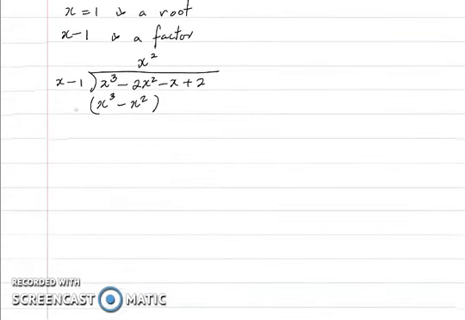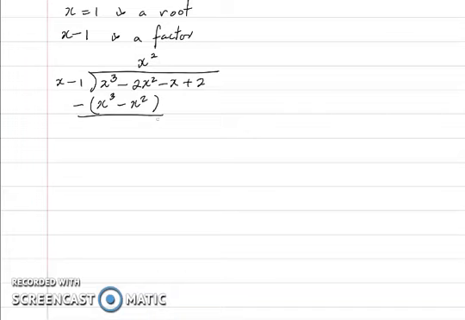Now when we subtract, the x cubed goes, and then you have minus 2x squared minus x squared, which is minus 2x squared plus x squared, which comes out to be minus x squared. Now x goes into minus x squared minus x times. I can bring down this minus x.